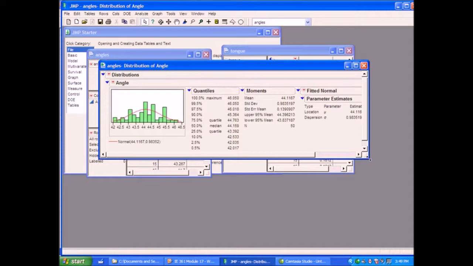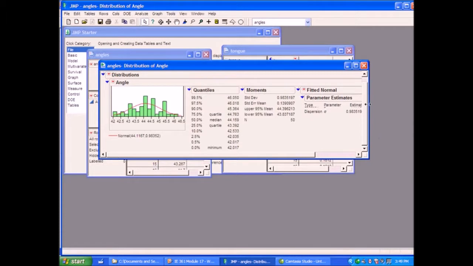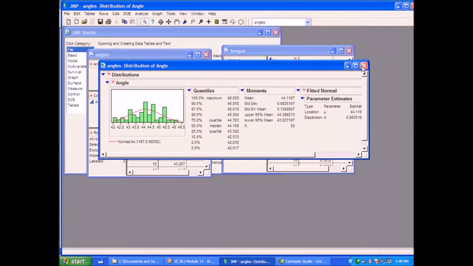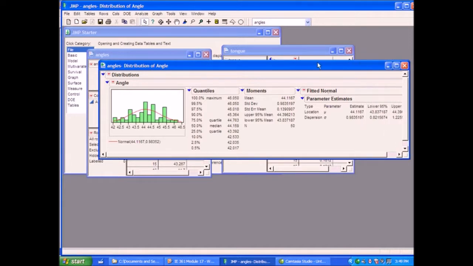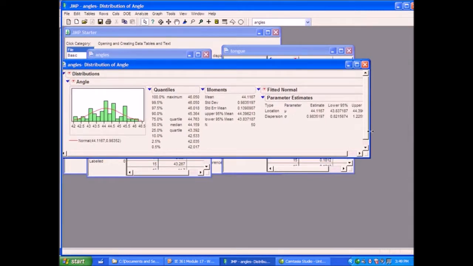There's what I get when I ask JMP to fit a normal distribution.